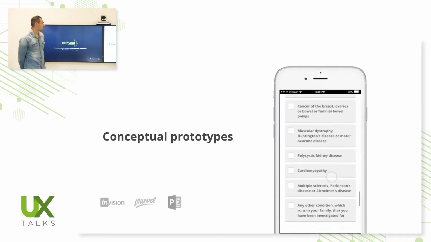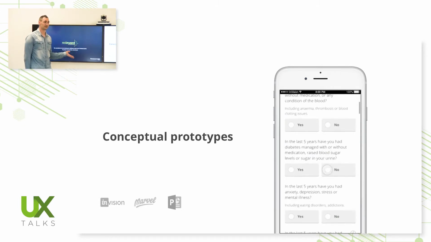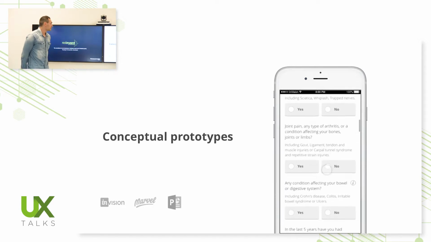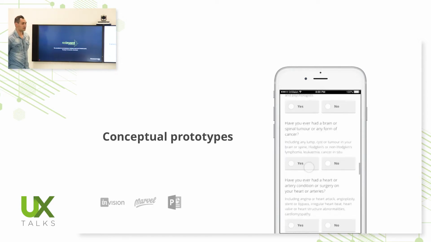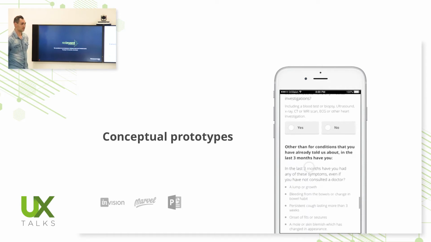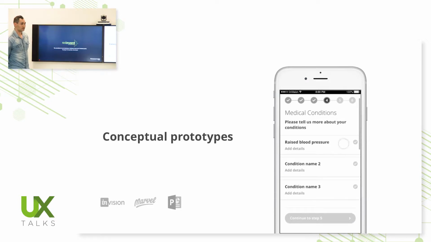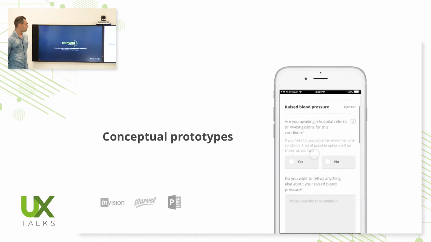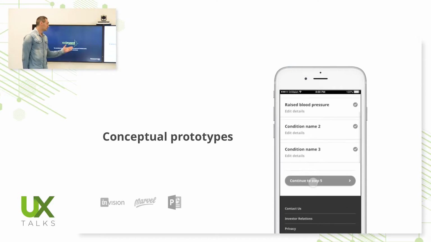We created this to share the journey in the early stage with our stakeholders in the business. The tool we used is called InVision, which we use very often at this stage. Marvel is a similar tool as well.